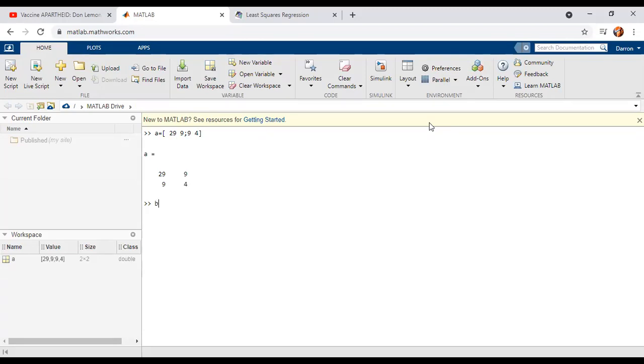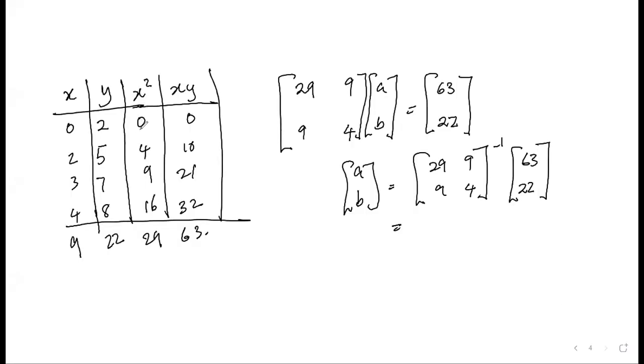B was 63. Sir, isn't it 24 and not 29? 29, man. Sum of xi squared, 29. Oh, my bad.